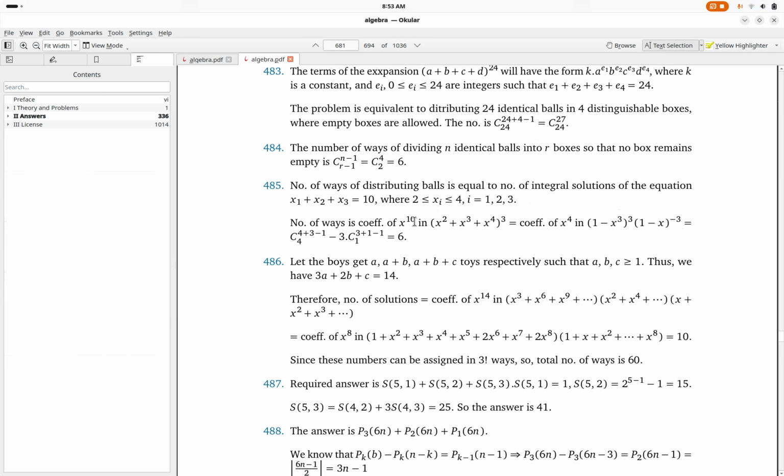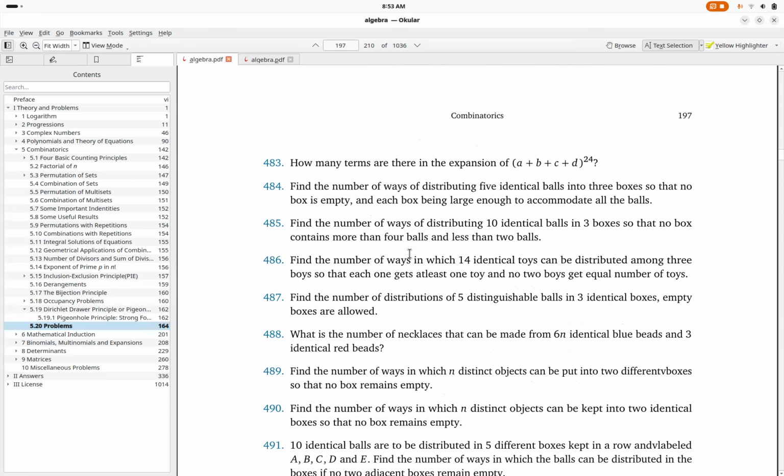That is the coefficient of x to the power 10 in (x squared plus x cubed plus x to the power 4) whole cubed. We take x squared common, so it becomes x to the power 6 times (1 minus x cubed) to the power 3 multiplied by (1 minus x) to the power minus 3, which we evaluate to be 6.